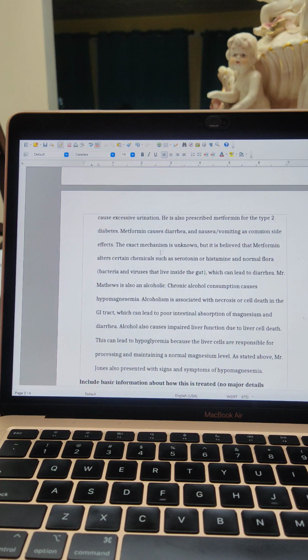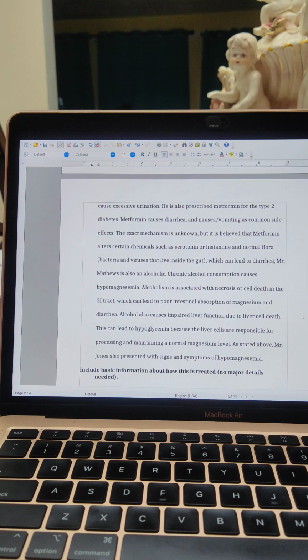The exact mechanism is unknown, but it is believed that metformin alters certain chemicals such as serotonin or histamine and the normal flora in the GI tract. The normal flora are bacteria and viruses that already live in the gut and help to regulate digestion. So when metformin alters these normal flora, it can lead to diarrhea.